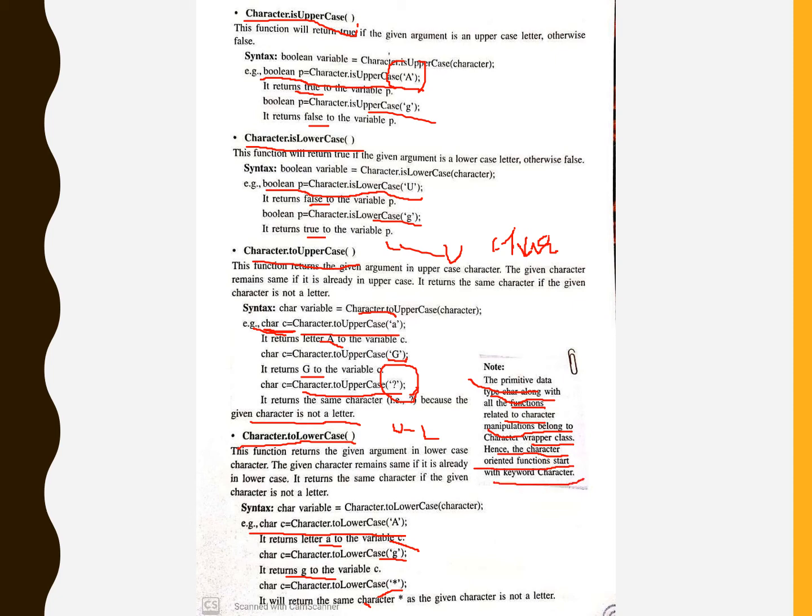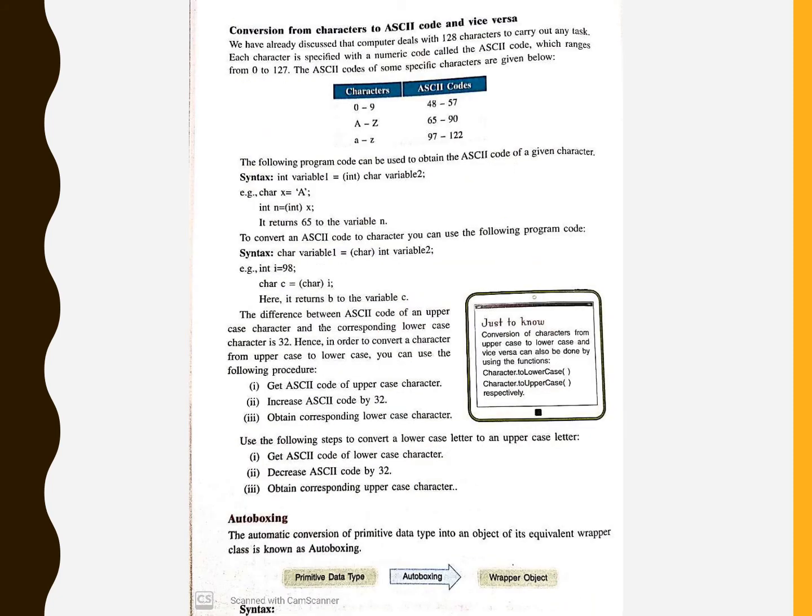So how many functions are there? isLetter, isDigit, isLetterOrDigit, isUpperCase and isLowerCase. All these five functions return the boolean data type, and the two functions Character.toUpperCase and Character.toLowerCase return the character data type.